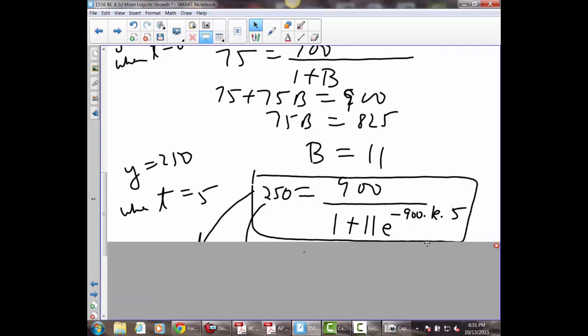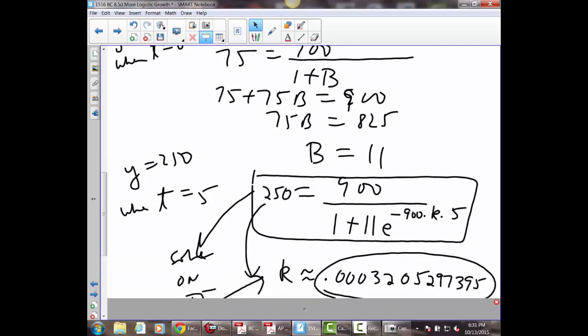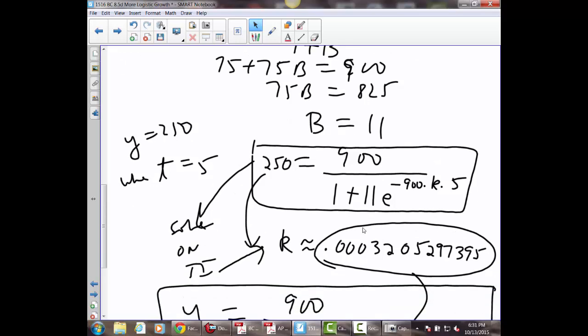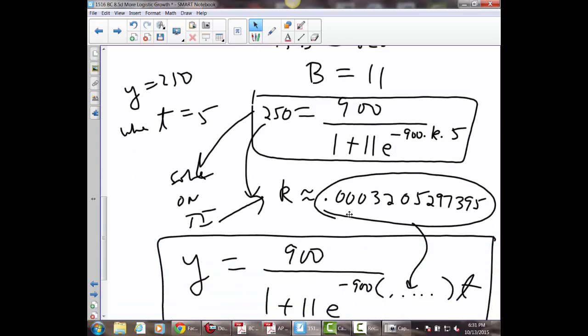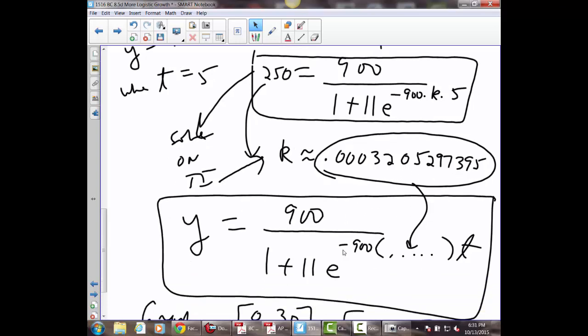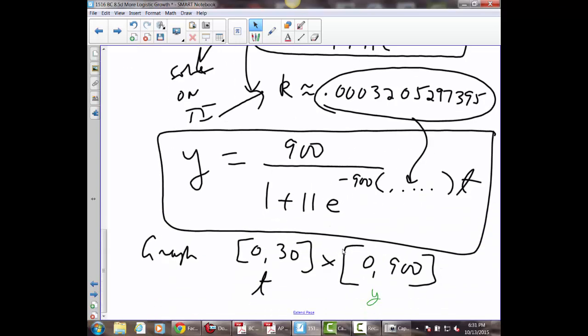You'll notice the only variable left is the K. Obviously, you're going to do that on your Texas Instruments. Do not round this. Your best bet is actually to store it in a memory location, K, for example. But if you round this too much, you're going to be way far off, okay?